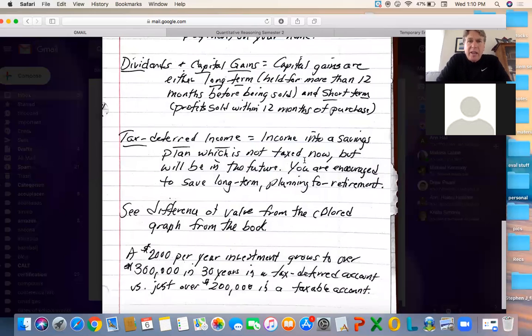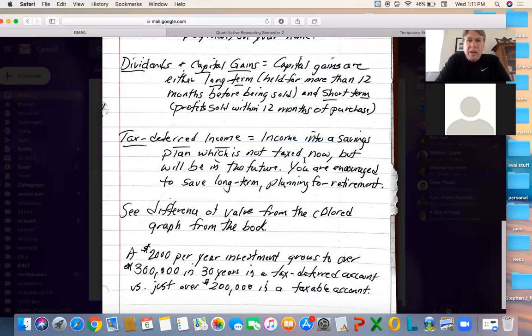Dividends and capital gains come from stock investments. Capital gains are of two types, either long-term or short-term. Long-term capital gains are profits gained from your investments that you hold for more than 12 months before you sell. So if I buy some stock in Apple and it goes up and I sell it right away, that is not a long-term gain, and I have a tax burden on it.